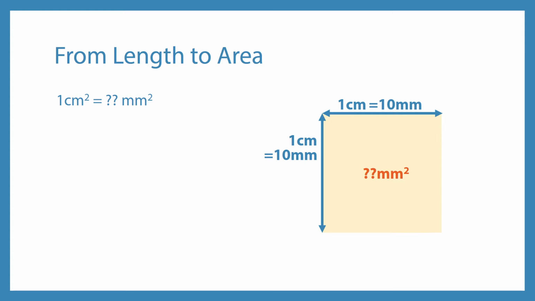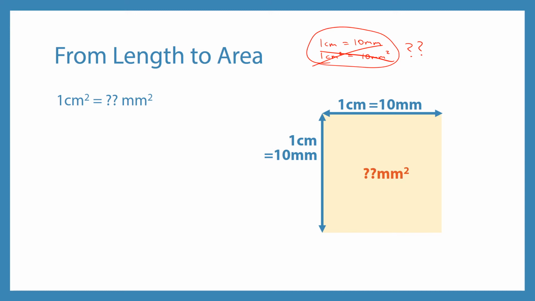Now, you might think, because 1 centimeter equals 10 millimeters, if we move from 1 centimeter squared, we would end up with 10 millimeters squared. However, this isn't actually true. And you can see it in this diagram.